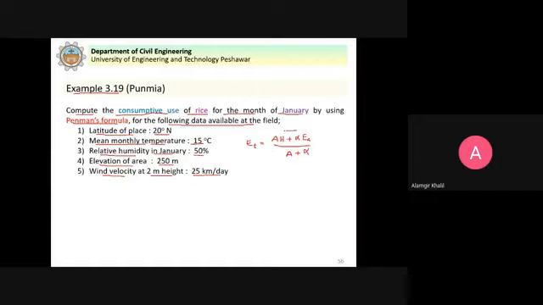As we discussed in the previous slides, we have to calculate the values for these different parameters. So let us proceed step by step for this solution.